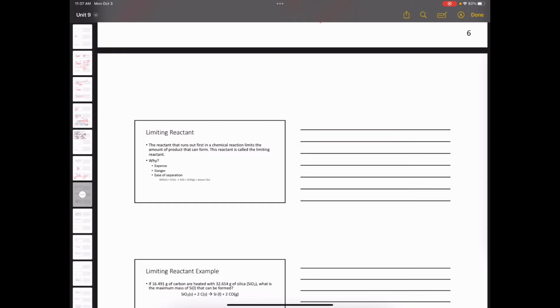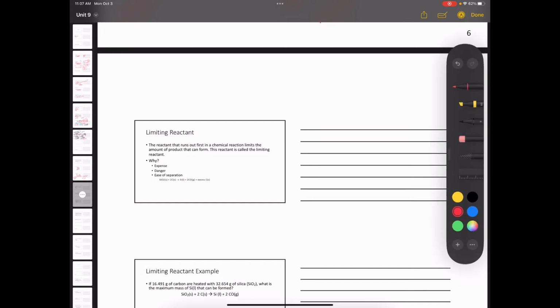So why do we always need to consider the limiting reactant, or sometimes it's also called the limiting reagent? Because of the expense: as I said earlier, removing the excess of the reacting material can be very expensive. Also the danger: some of the reactants that you start with can be combustible, explosive, or highly flammable, so having part of the reactants or product left at the end can be very dangerous to purify.